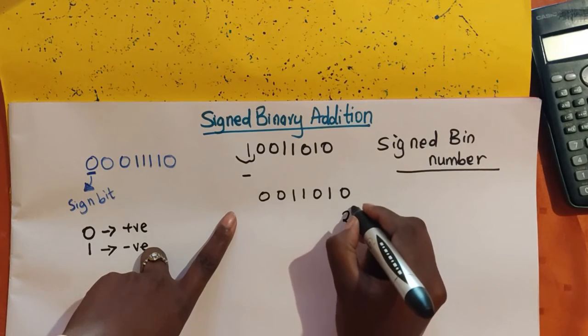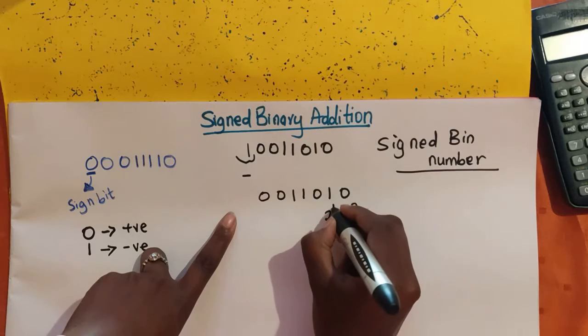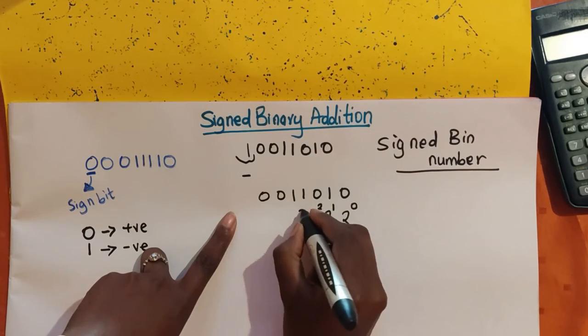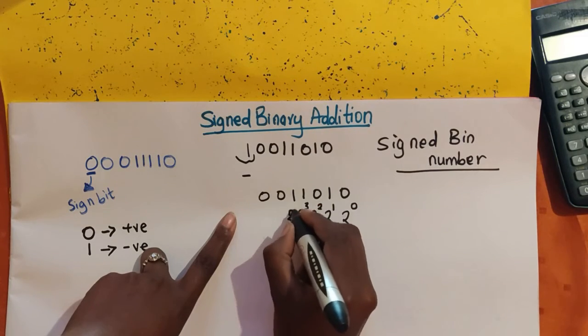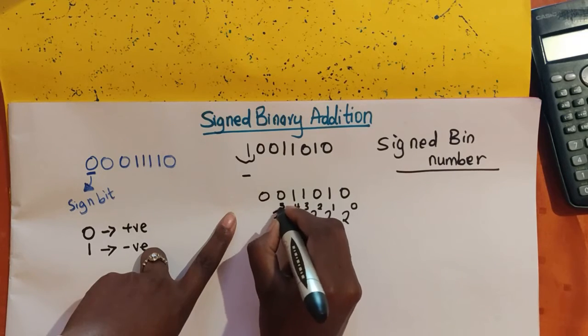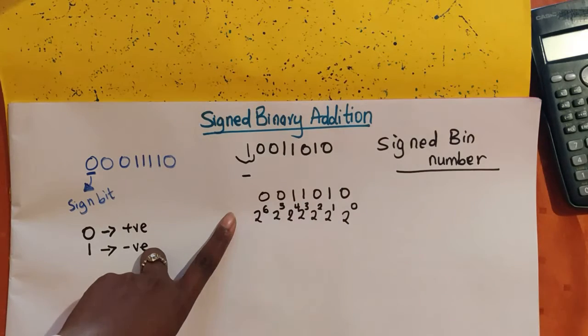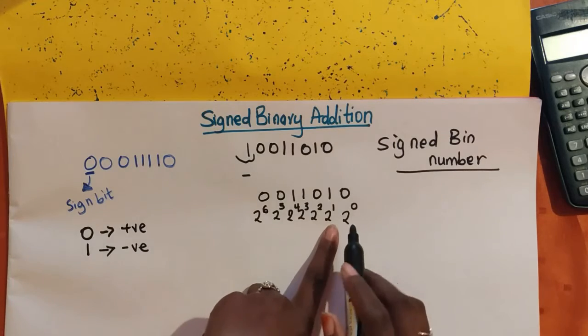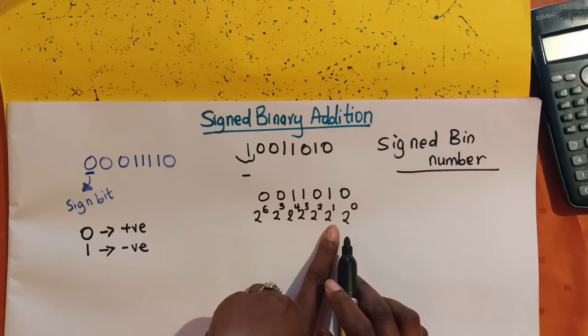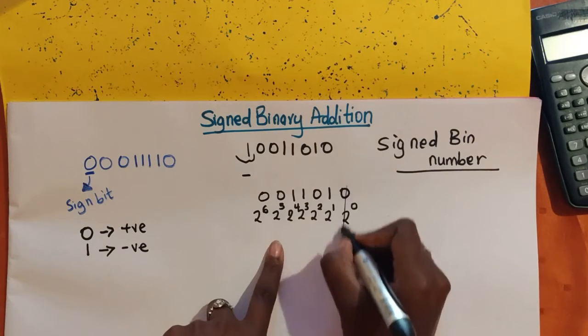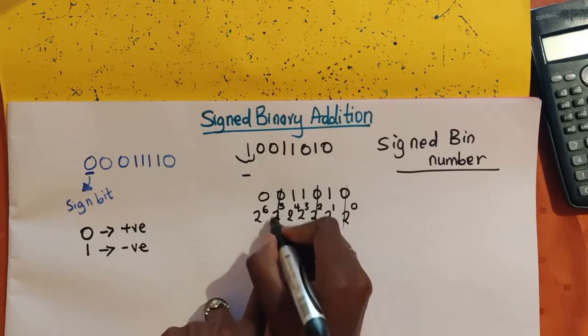We've talked about place values. This has 0, 1, 2, 3, 4, 5, 6. Now, since this is 6, first of all, this is 0, this is 0, this is 0, this is 0.